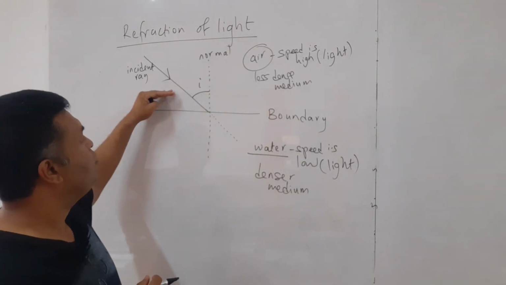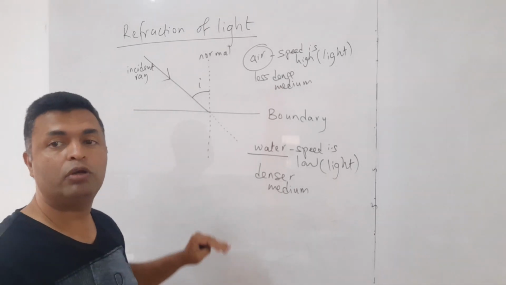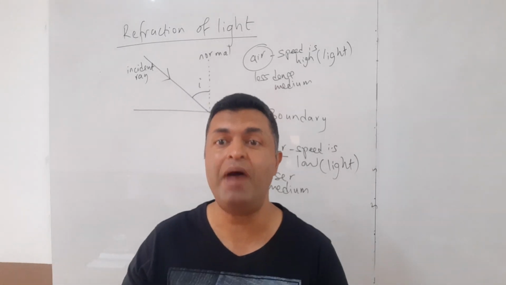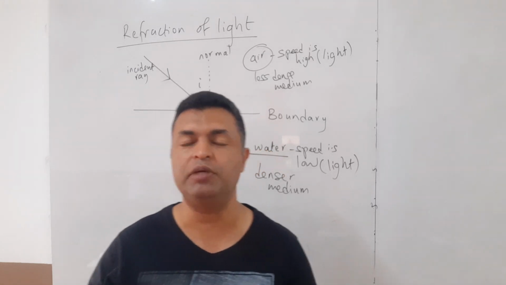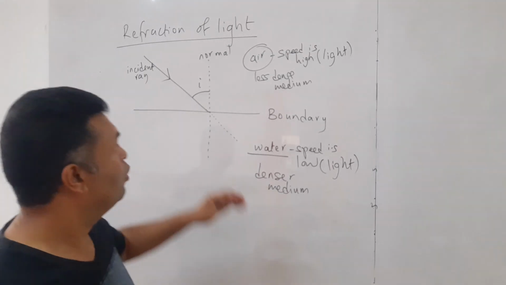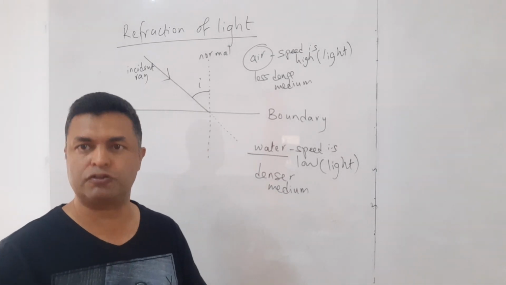Because the medium is changing, from air to water, there will be refraction. You know what refraction is? It is the bending of the ray of light when it passes from one optical medium to another of different densities. We say optical medium because it should be transparent so that light can pass through.